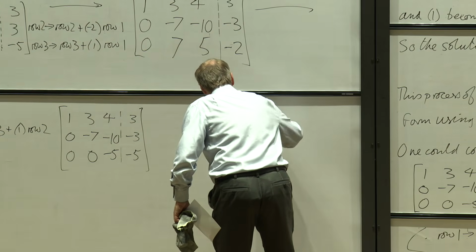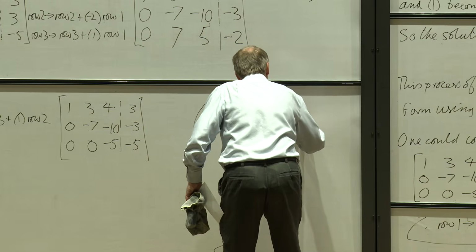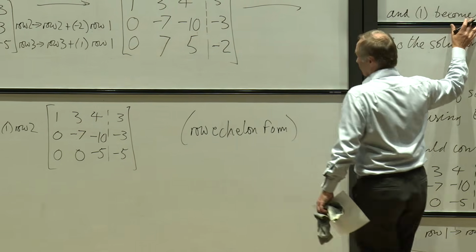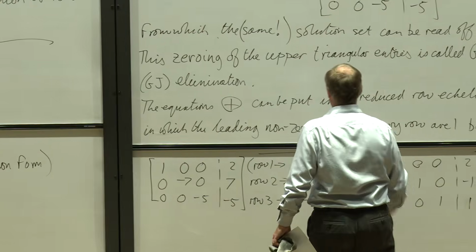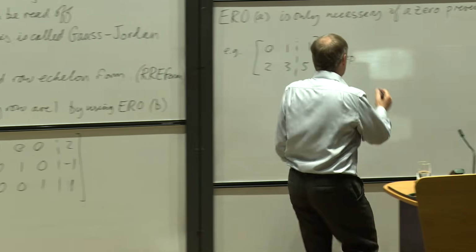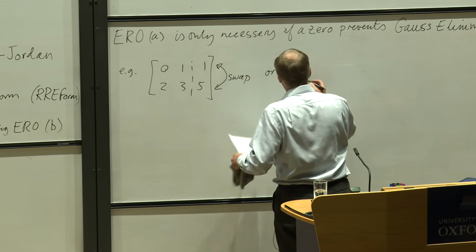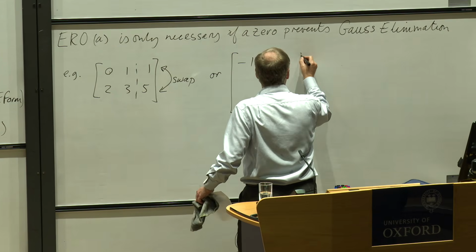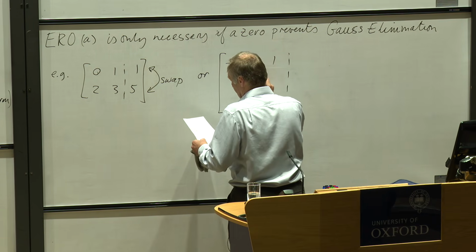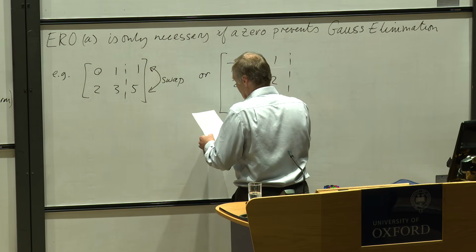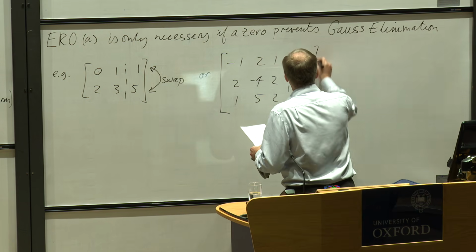This is row echelon form here, what I call upper triangular. Just to show you that you don't have to have such trivial examples as this. If you have, for example, -1, 2, 1, and something, it doesn't really matter, 2 and 4, -4 and 2, and 1 and 5 and 2, and it doesn't matter what you have here.